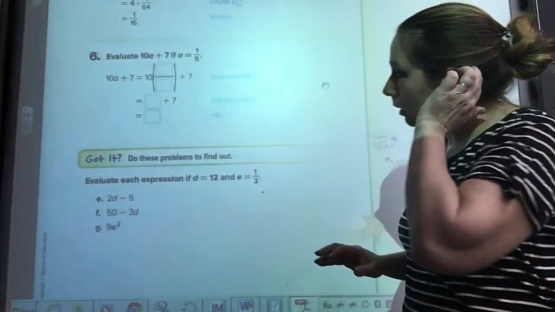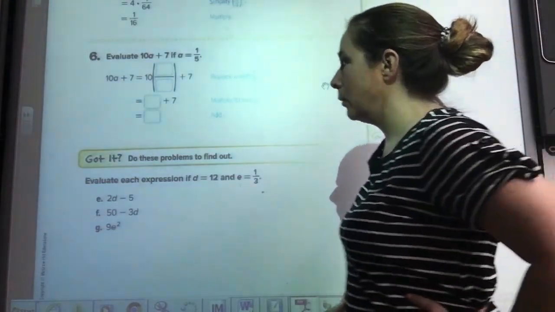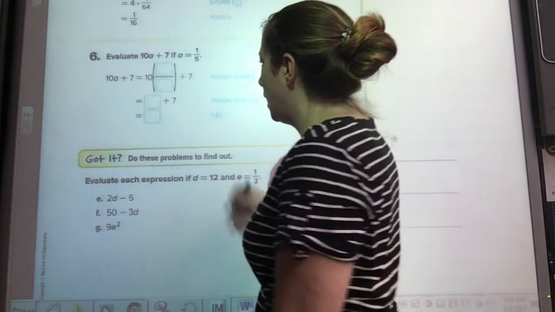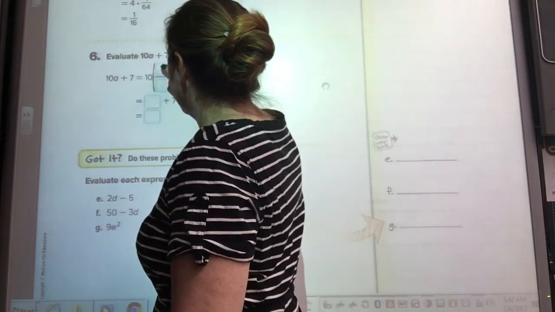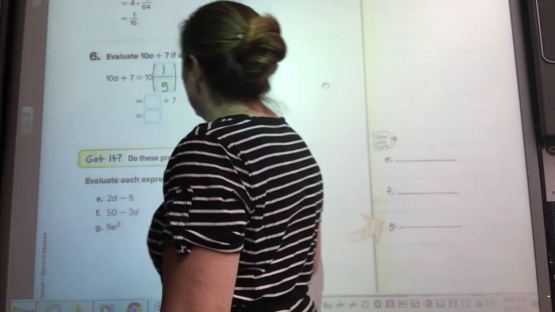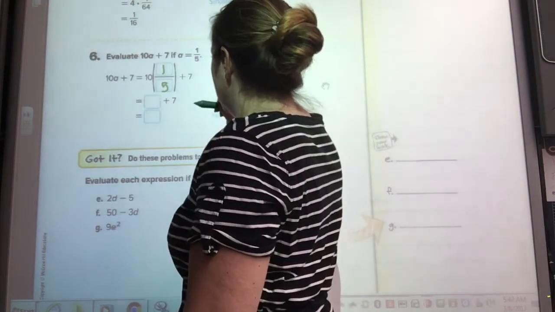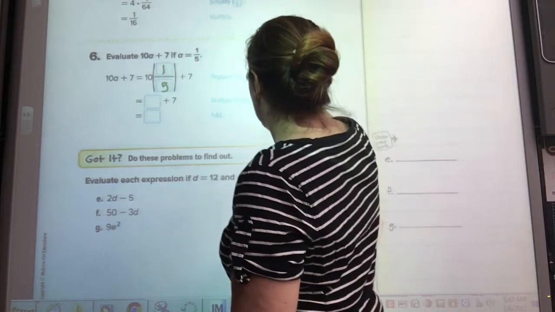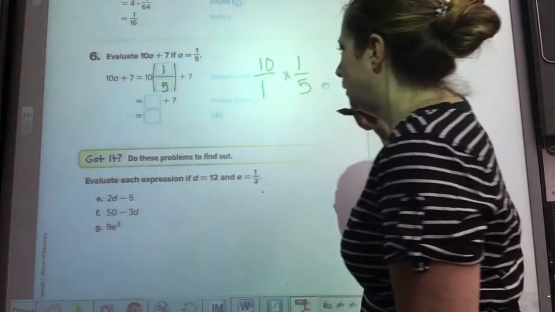Evaluate 10a plus 7 if a is 1/5. So here they want us to plug in some numbers. They've got 10a plus 7 equals 10 times, a is 1/5, plus 7. So over here we would write 10/1 times 1/5, right?